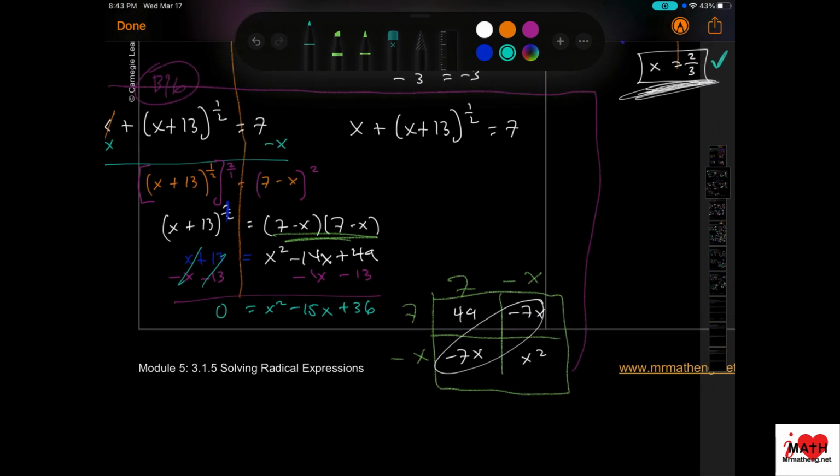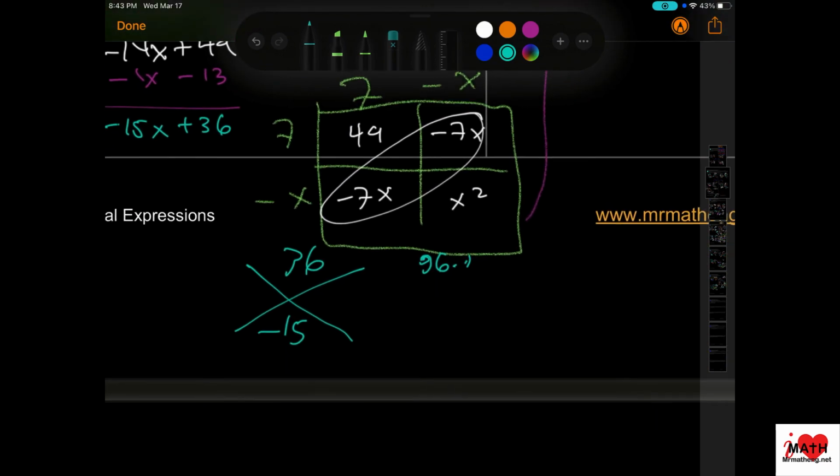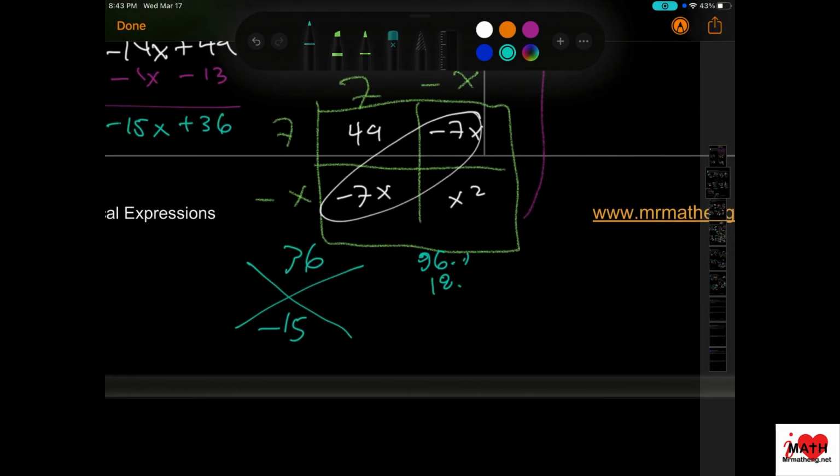And to get an answer for that, I'm going to factor using the X box method. A times c is 36 and negative 15, two numbers that multiply. 36 times 1, 18 and 2, 9 and 4, 12 times 3, which is my number.